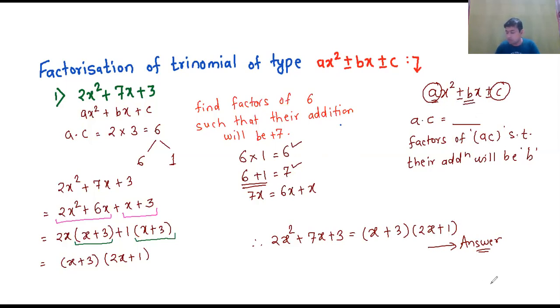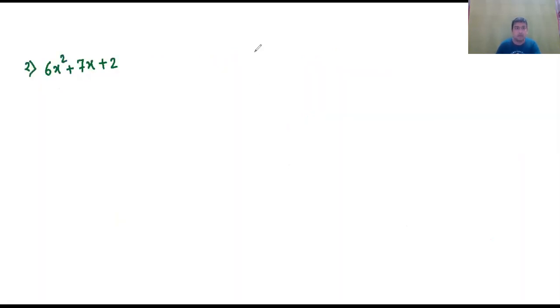Okay, we'll solve more problems so that the concept will be clear. See here, this is a given polynomial, right? Now, what is the coefficient of x square? I will write here coefficient of x square into constant term. The coefficient of x square is 6, into constant term 2, that is 12.